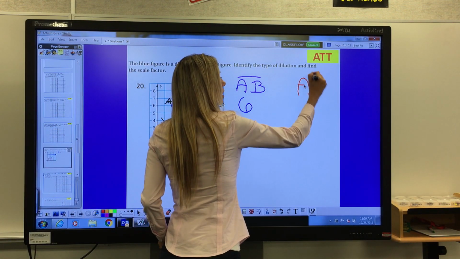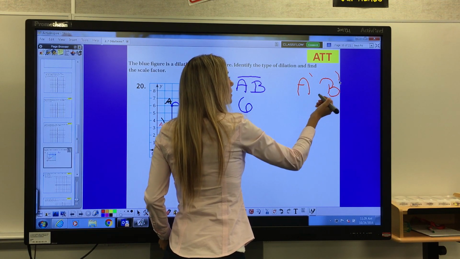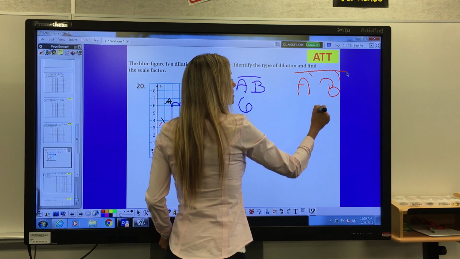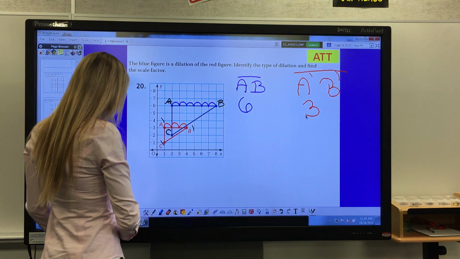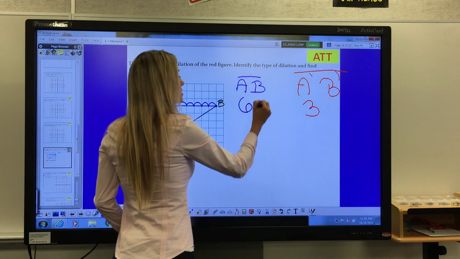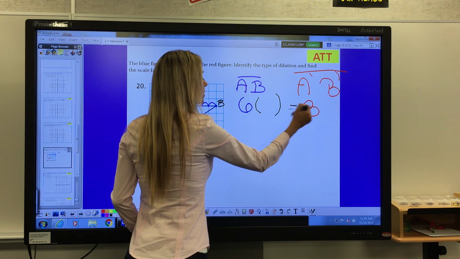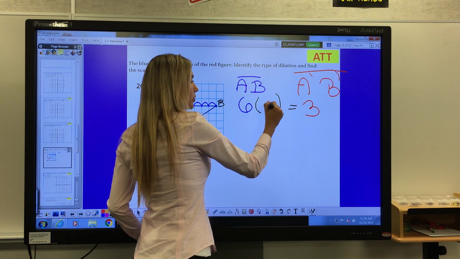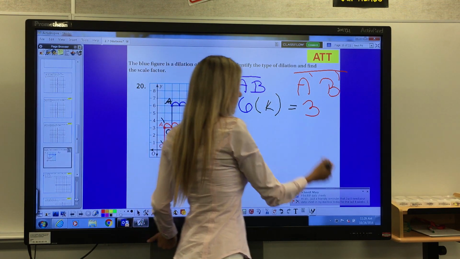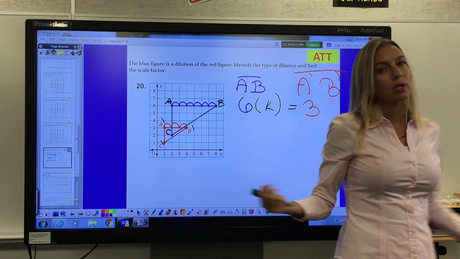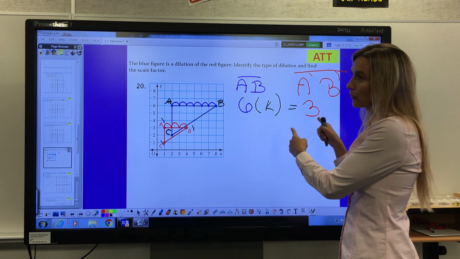So A prime to B prime, that line is 1, 2, 3 units. So my question is, 6 times what number will give me 3? That number in here is my scale factor, right? My K. So 6 times what number is going to give me 3?